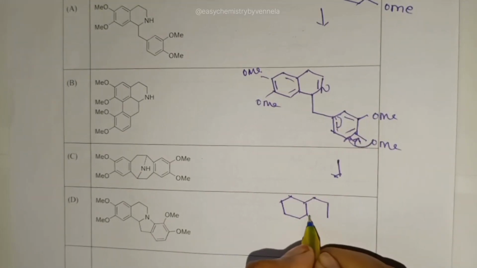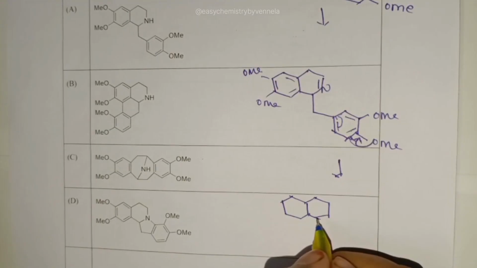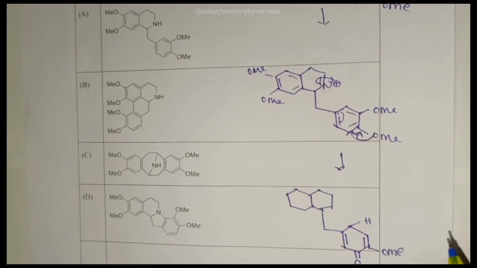After this, this bond like this. It can form double bond. Here double bond O. Here OMe. Here hydrogen. Here this bond migrates here. It can form bond like this.